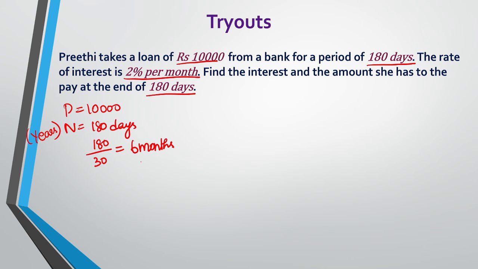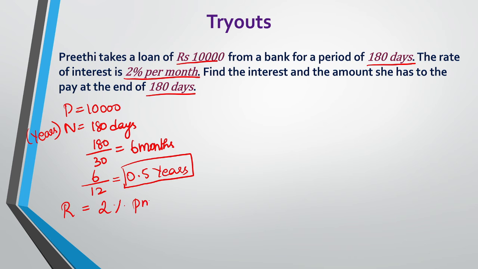And then from months to years, we write the given months in the numerator divided by 12, which is the number of months in a year. When you solve it, you get 0.5 years. So in our case, 0.5 years is equal to N. And then the rate of interest is given as 2% per month.